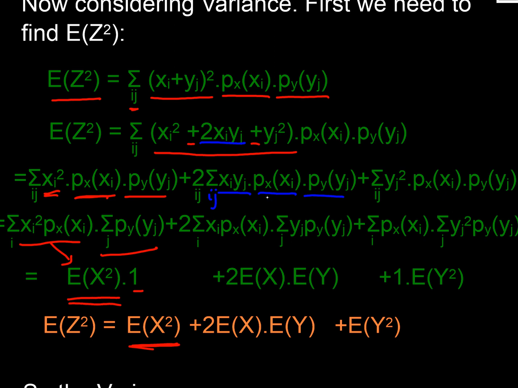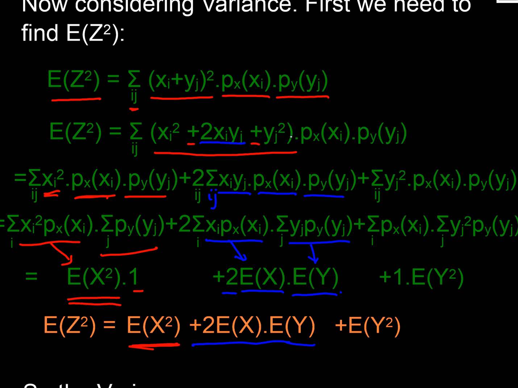Now, we can again split this up and take all the things that are functions of xi, so xi times probability of xi, put that in one sum, and multiply it by the yj and the probability of yj, because again we're doing a little table multiplication. Therefore we end up with 2 lots of this first part, which is the expected value of x, multiplied by the second part, the expected value of y. So our middle term is 2 times the expected value of x times the expected value of y.